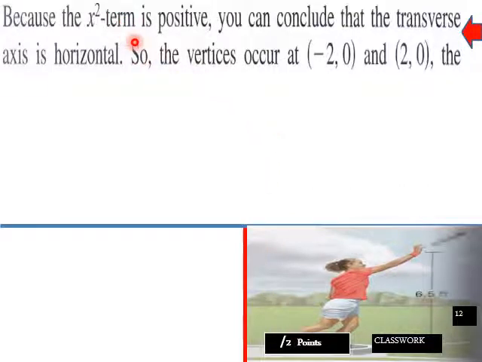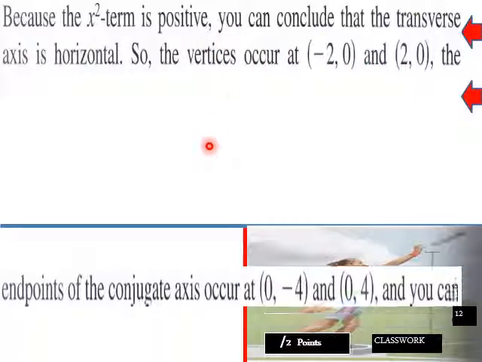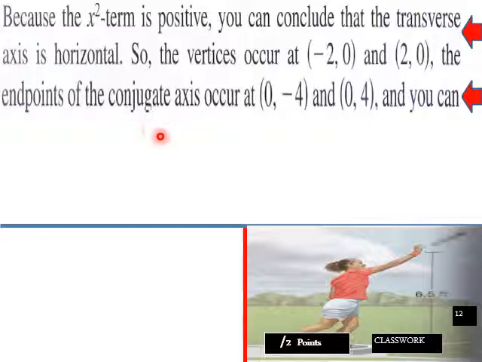Because the x squared term is positive, you can conclude that the transverse axis is horizontal. So the vertices occur at (-2, 0) and (2, 0). The endpoints of the conjugate axis occur at (0, -4), using our conjugate axis formula, and (0, 4).